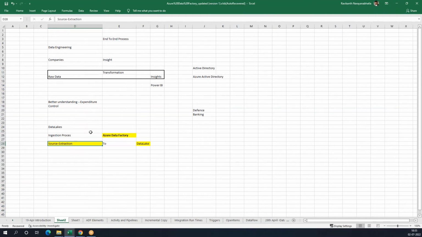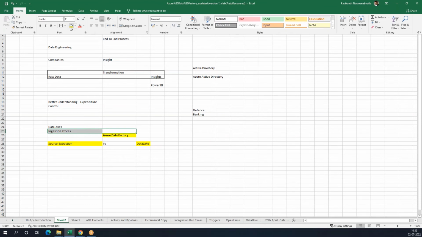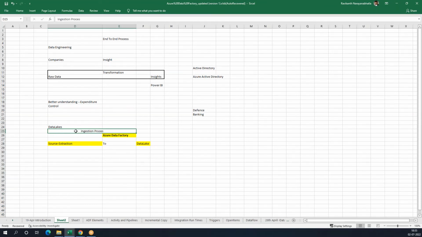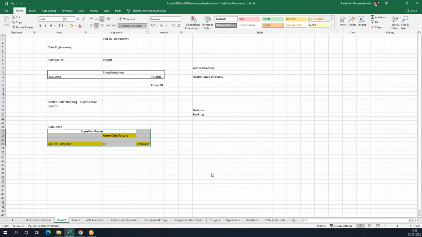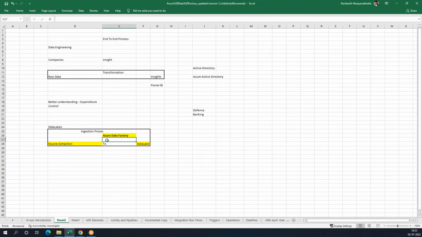This is just the raw data that we are trying to extract and push to the data lake. Now, this is the ingestion process.